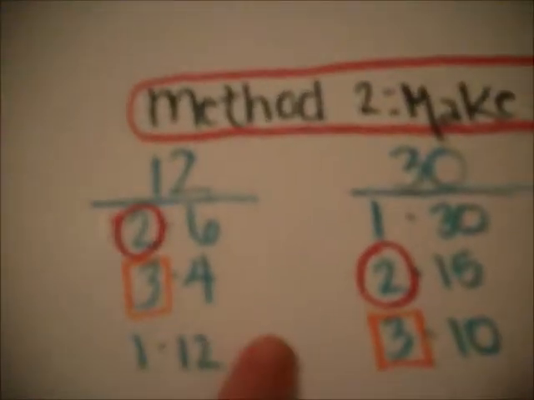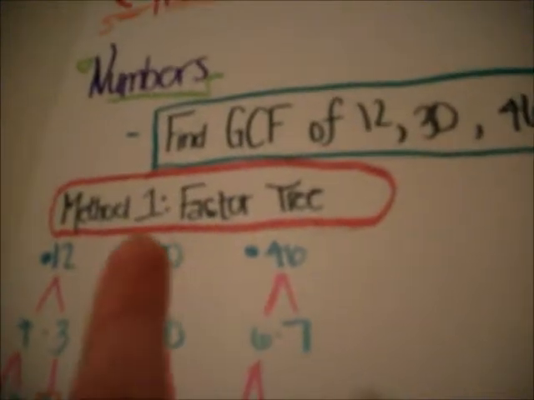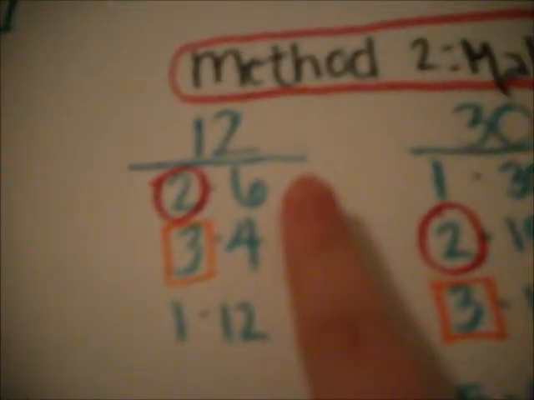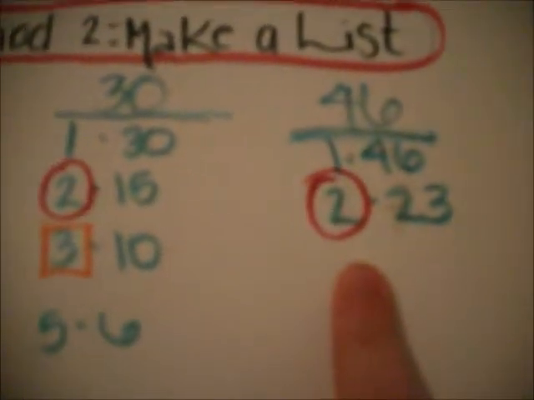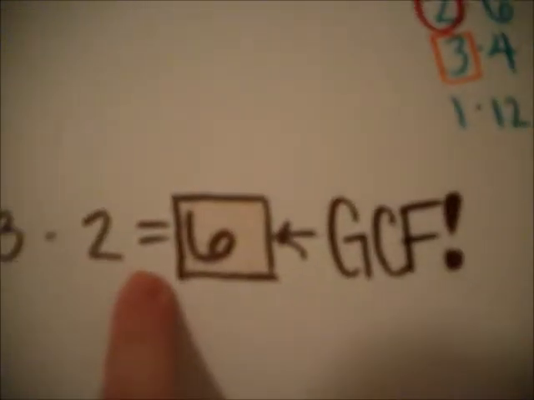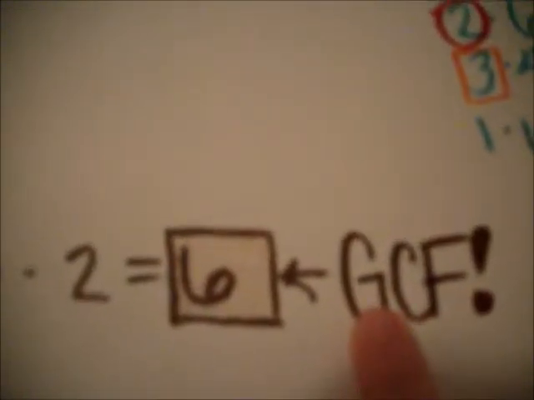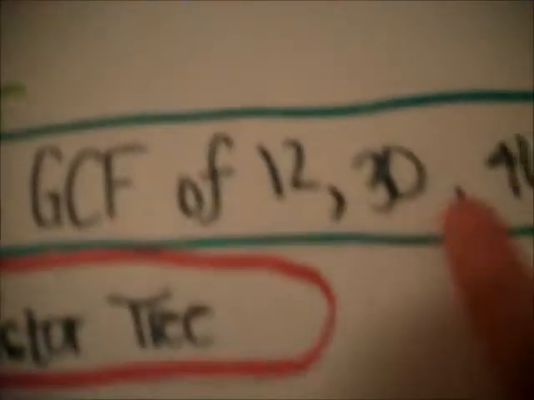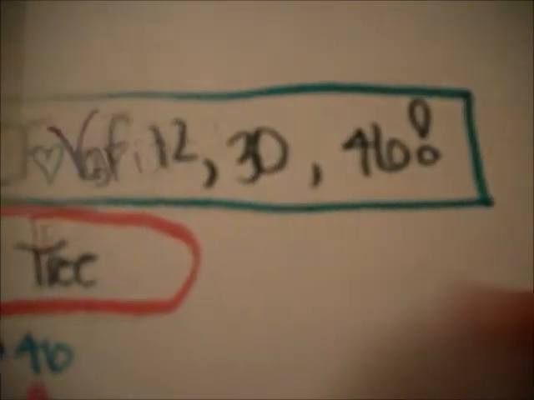So again, just as with the factor tree, I found out that 2 and 3 are my common factors. So you go down here, 3 times 2 equals 6. This is the greatest common factor of 12, 30, and 46.